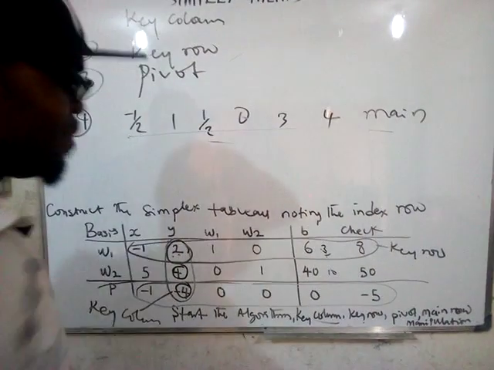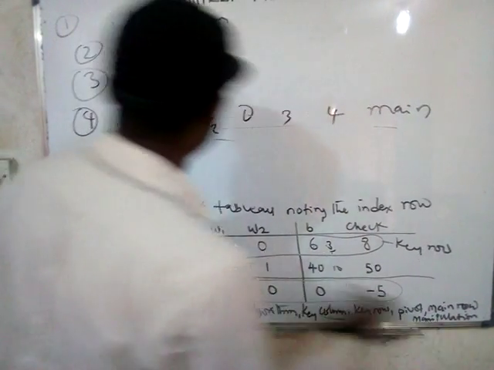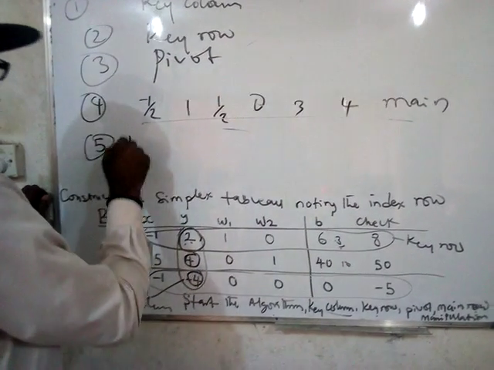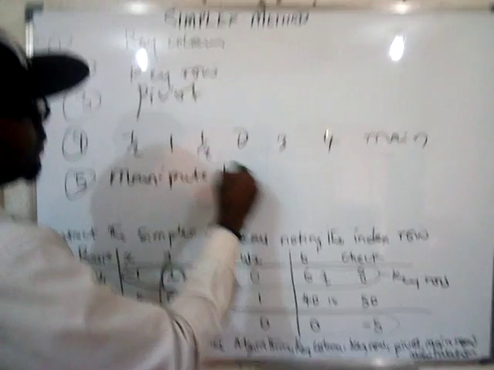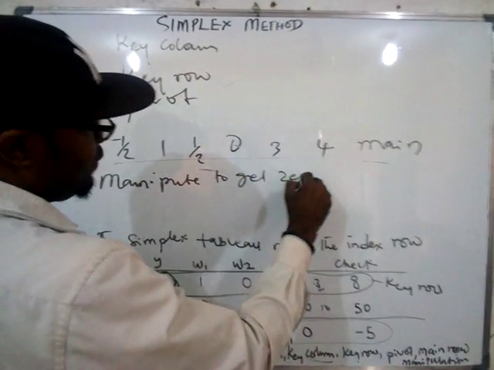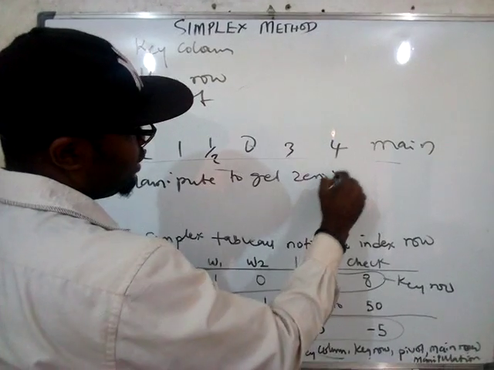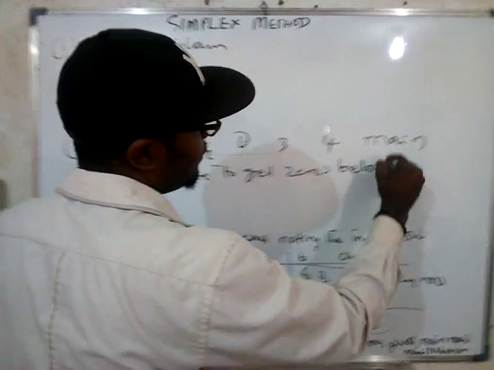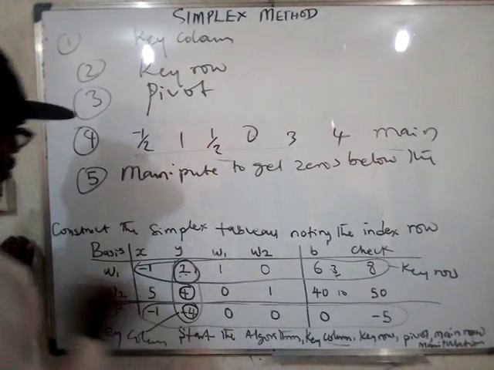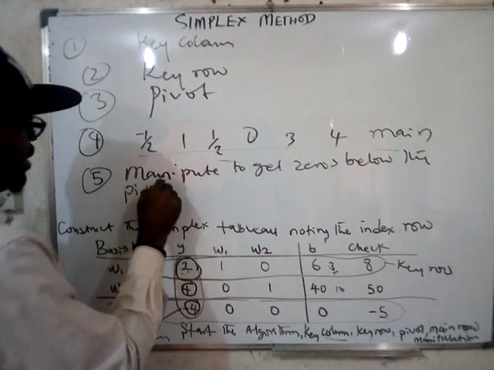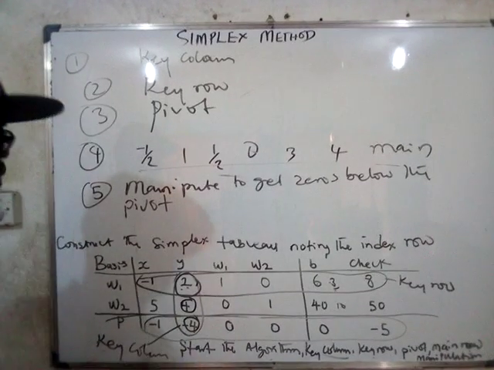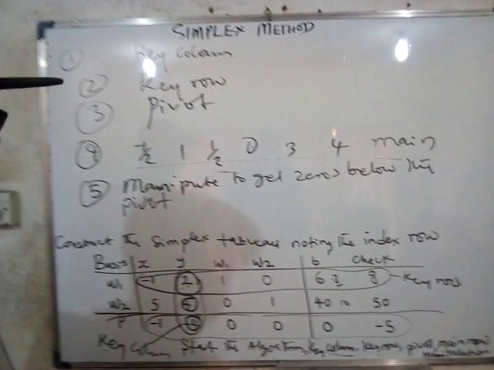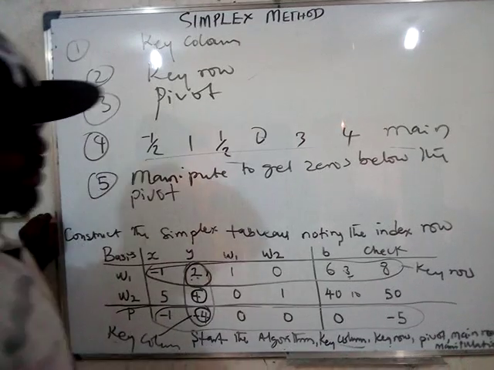And once we do that manipulation, the last thing is to manipulate to get zeros below the pivot. Make sure you manipulate to get zeros. You want the pivot, get zeros here.